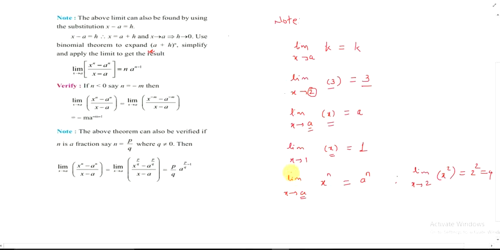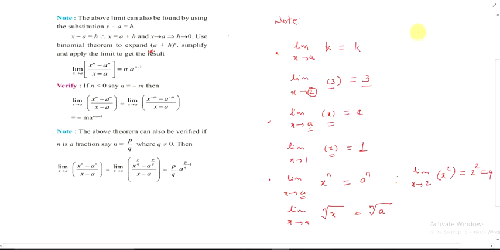Okay, and you can take many examples in your own way and try to prove or verify this. And the fourth one is that the limit as x extends to a of the nth root of x is equal to the nth root of a.